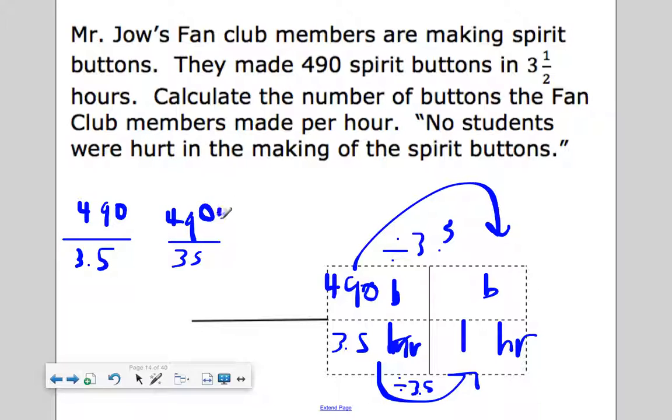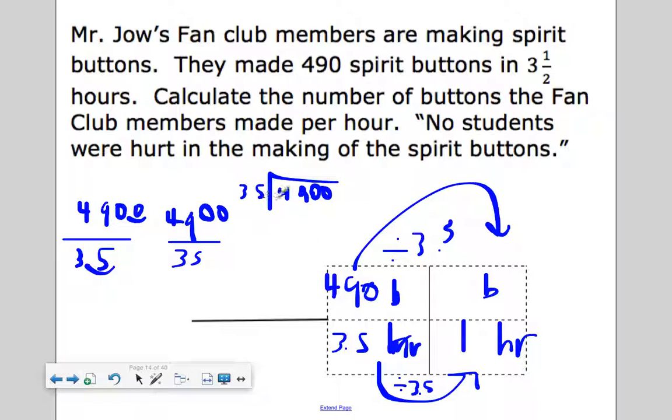Some of you who like the shortcuts, you move this decimal one over. Where's the decimal point? Right here. So you move this one over, put a placeholder there. That's where I got 4,900. So what is 4,900 divided by 35? Exciting. I'm curious how many buttons my fan club can make in an hour.